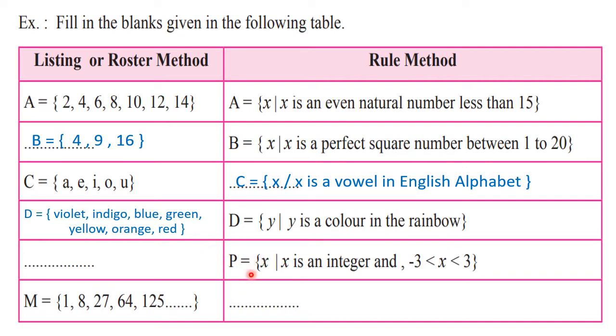Let us go further. The next one, set P is a set of all x such that x is an integer and x is between -3 and 3. Again see here, x is between -3 and 3, that means -3 and 3 are not allowed. There are 2 types of symbols here. This is called as strictly less than.